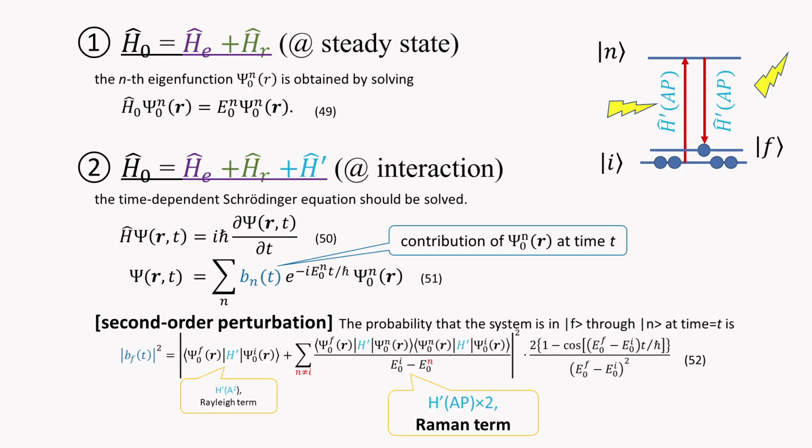Let's regard that we know the nth eigenfunction psi 0 n of r. This wave function is obtained by solving this equation. So we know how to describe the wave function in the steady state, and we already have a complete set.